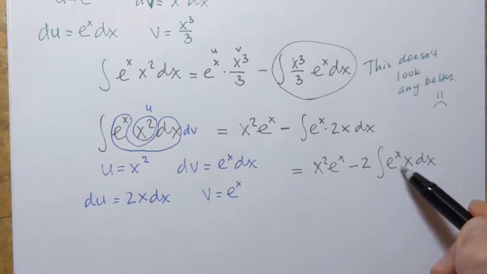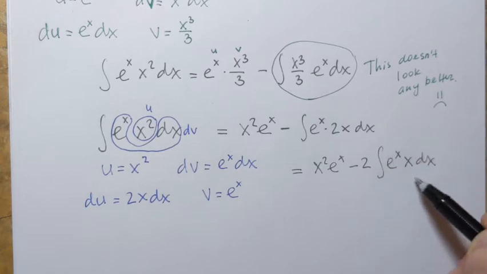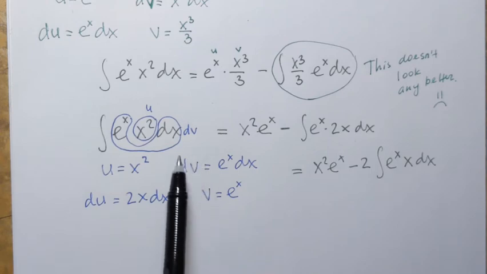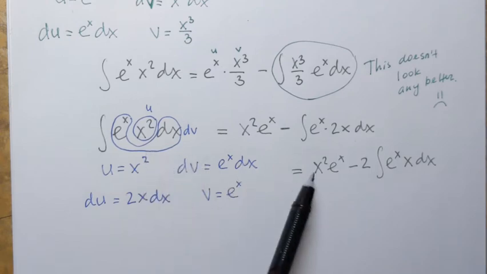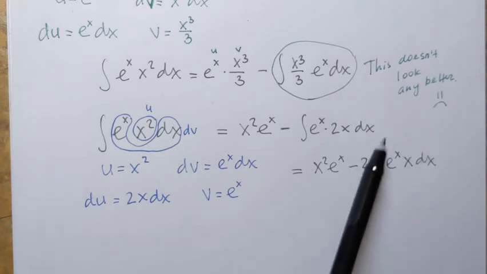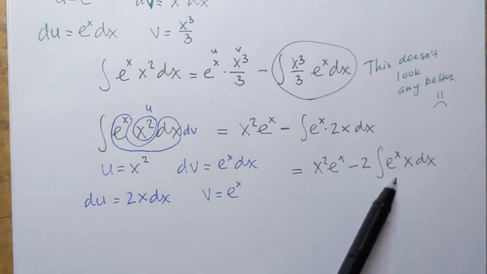However, I can try to apply integration by parts again to this integral. And since our choice of u and dv proved to work, in other words, we're reducing the power of x, we can hope that once we do it one more time, things will get even better than we have them right now.